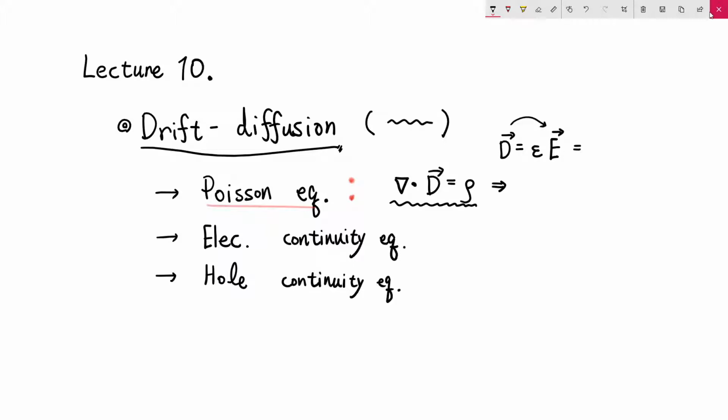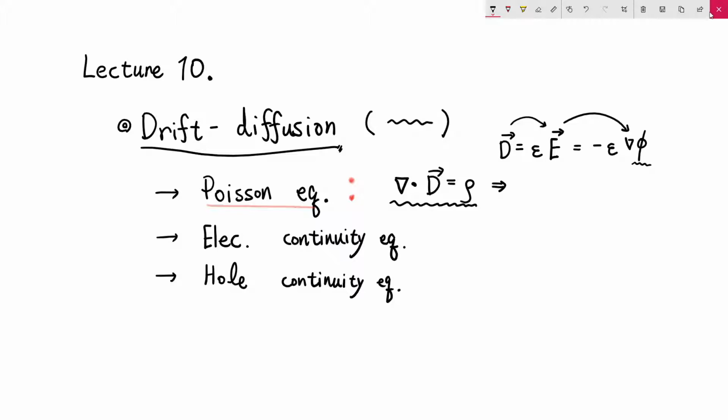If we go further, we can introduce this kind of approximation. Of course, from here to there we have to introduce the electrostatic approximation for our electric field. That's the reason why this quantity is called the electrostatic potential.